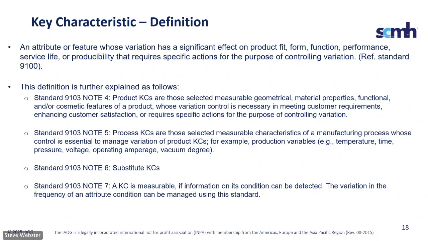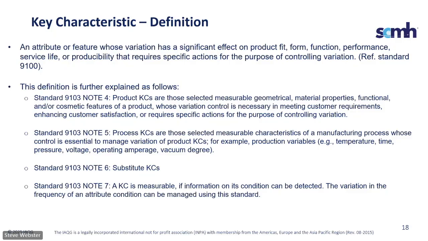The same standard also defines substitute key characteristics, which are defined or identified when a customer-defined KC is not readily available in the manufacturing environment, and other characteristics need to be controlled to ensure conformity. Finally, 9103 states that KCs are measurable features of a product or characteristic of a manufacturing process.